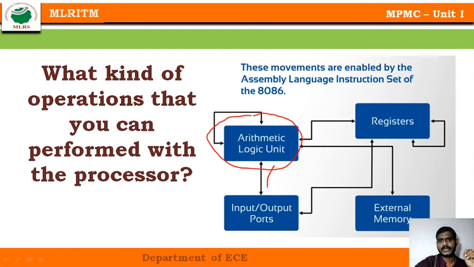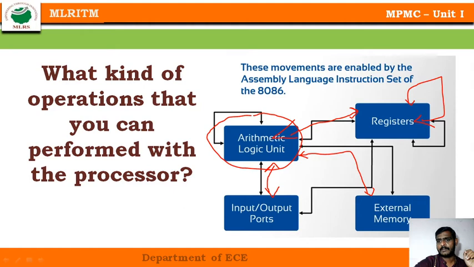I can transmit the data from AL to the IO devices, input and vice versa. Or I can transmit the data from AL to a register and register to AL, or within registers like AX to BX, BX to CX. Within the registers I can transmit the data, or I can transmit the data from memory to ALU or AL to memory or IO port.